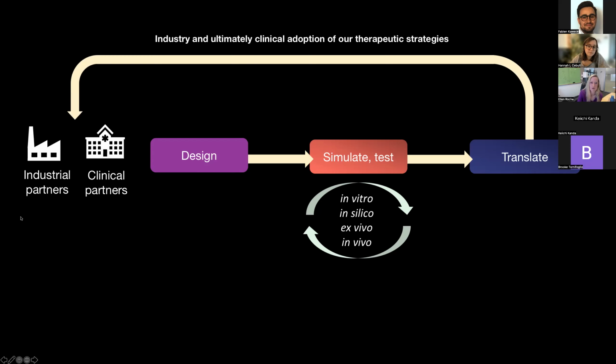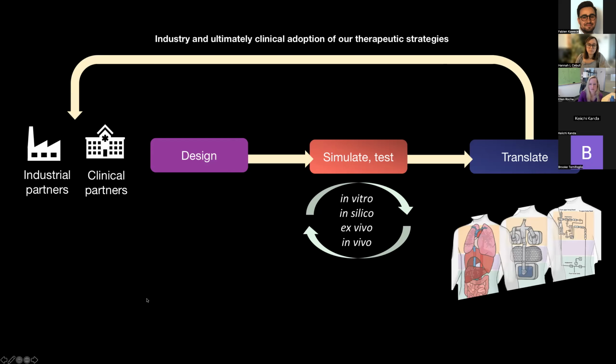We get input from industrial and clinical partners, and if successfully translated, we can have our technologies adopted by industry and by the clinic. But where we spend a lot of time is in this loop here where we simulate and test, and we do a lot of in vitro, in silico, ex vivo, and in vivo modeling, and I'll talk through some of those today.